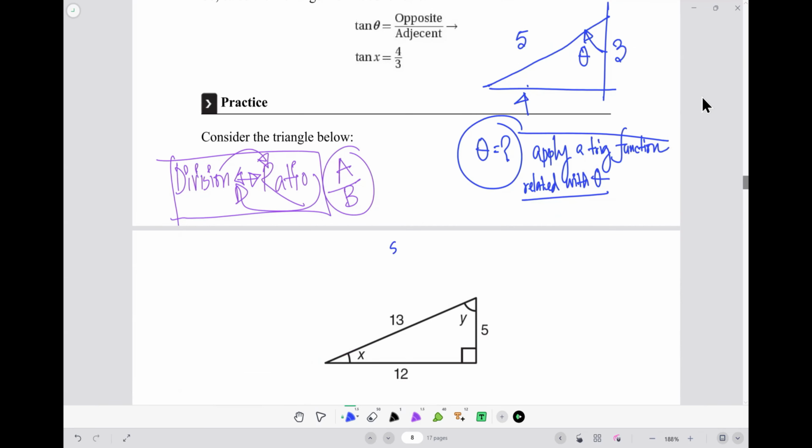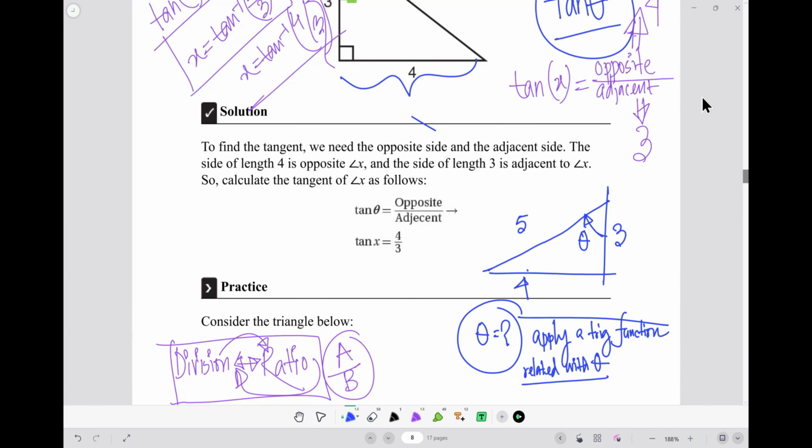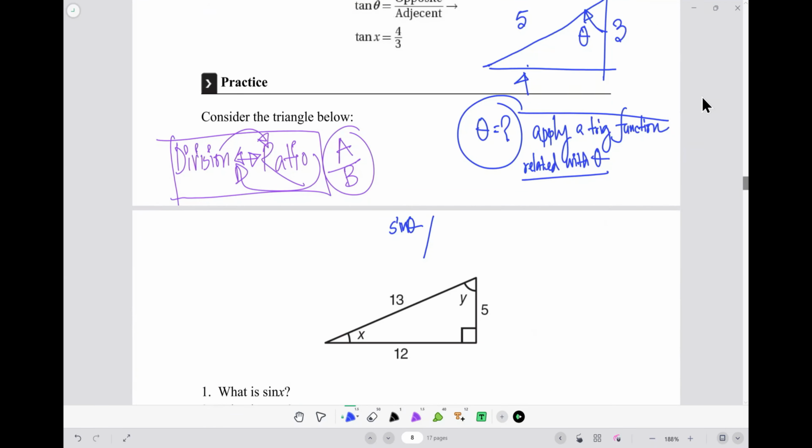What is that? Sine function, sine theta, cosine function, cos theta, tangent function, tan theta. We have cosecant function, cosec theta. We have secant function, sec theta, and we have cotangent function, that is cot theta.